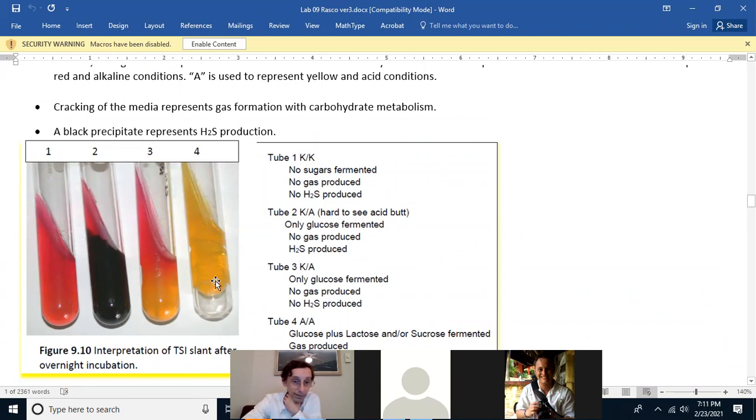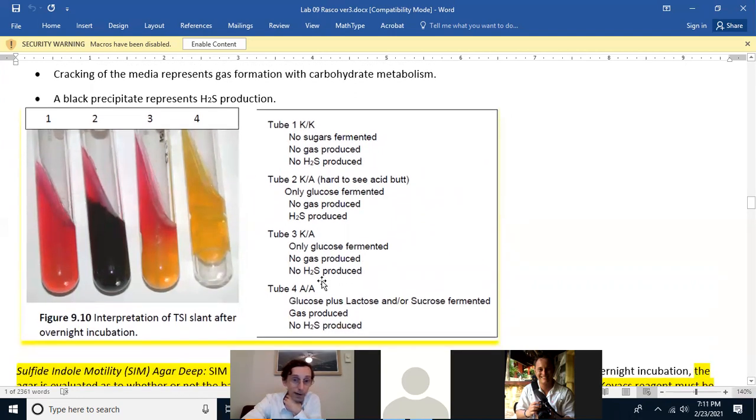You can also look to see if there's gas production, and you can see tube 4 had the production of gas. So you can look at the production of hydrogen sulfide in the TSI tubes. You can look at the utilization of only glucose, and you can look at the fermentation of glucose and at least one other sugar, maybe both other sugars, as well as the production of gas.